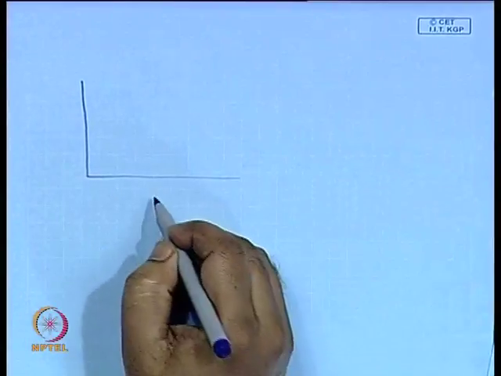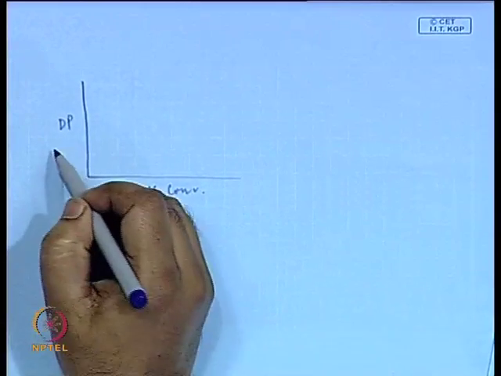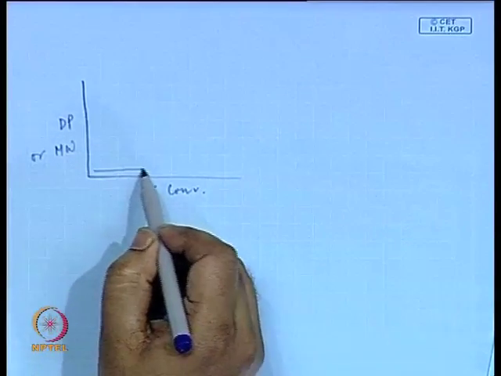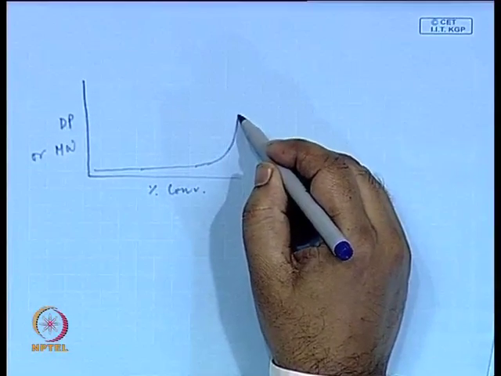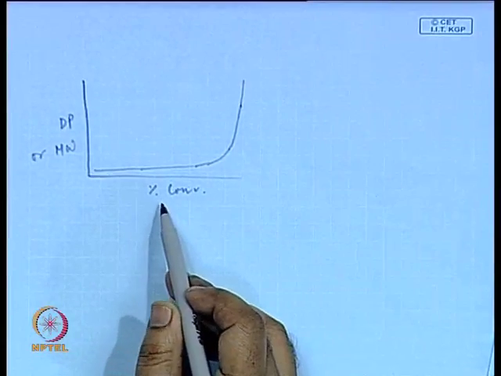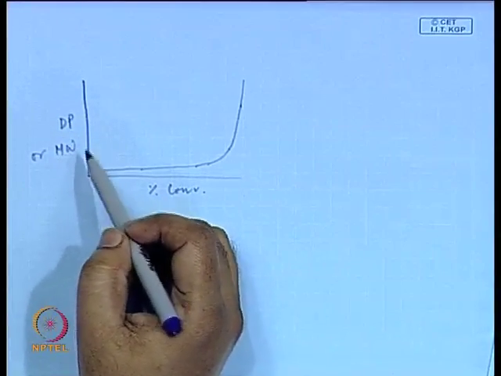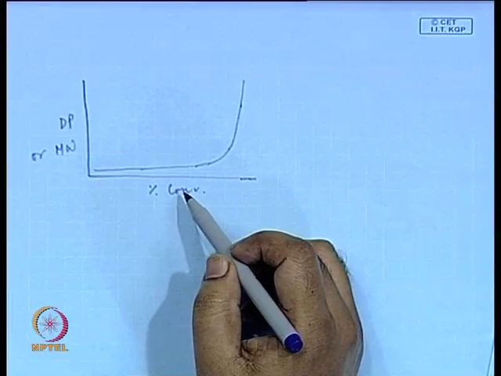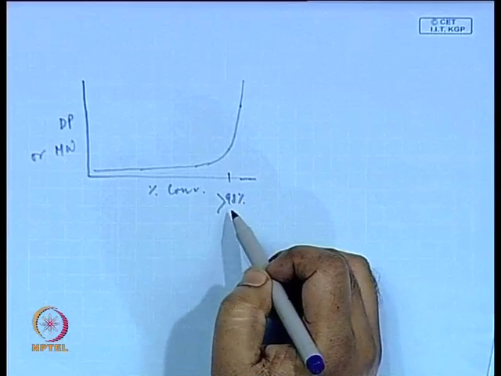So, you can now understand that if I plot, say, percentage conversion with dP, degree of polymerization, or molecular weight in case of step growth polymerization, it will only start from a low value. At very low conversion, high molecular weight polymer chains will be achieved only at very high conversion, close to 98% and above.